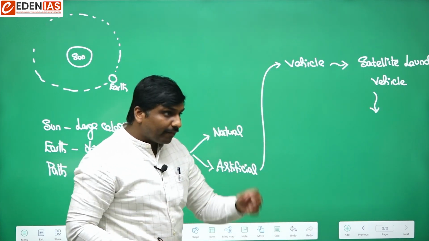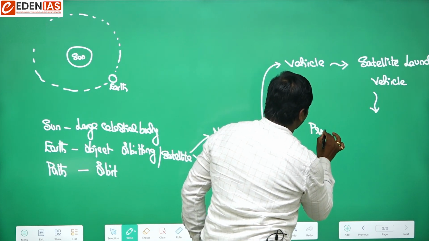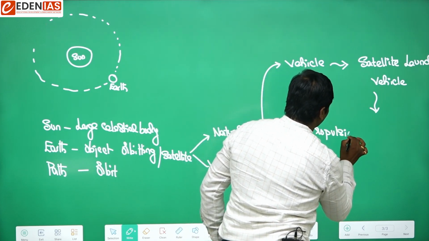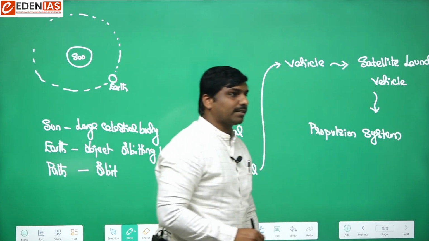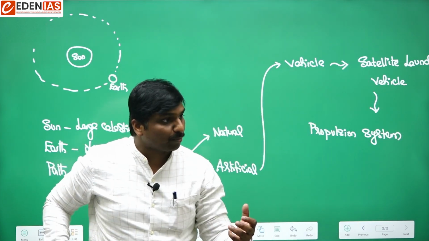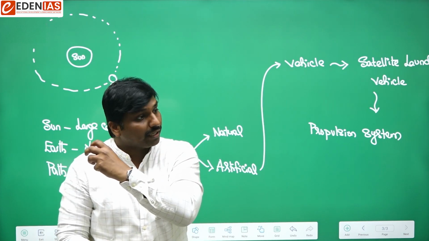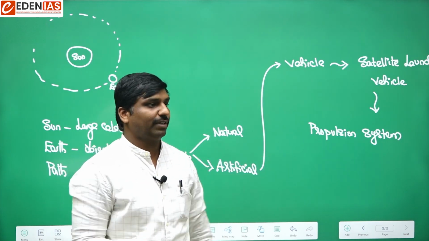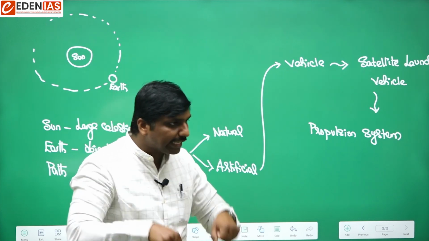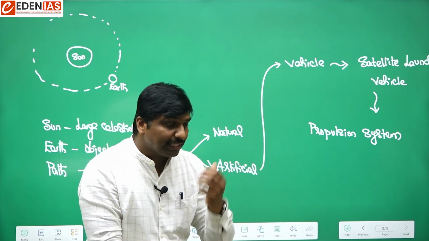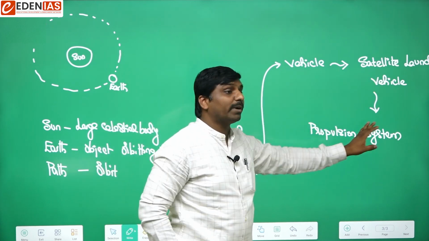Every vehicle will have some sort of propulsion system. What do we mean by propulsion? Propulsion means the force or thrust that is exerted so that an object can move. For example, if you start a bike, the bike will have propulsion so that it starts and moves. Similarly, a satellite launch vehicle will also have a propulsion system.